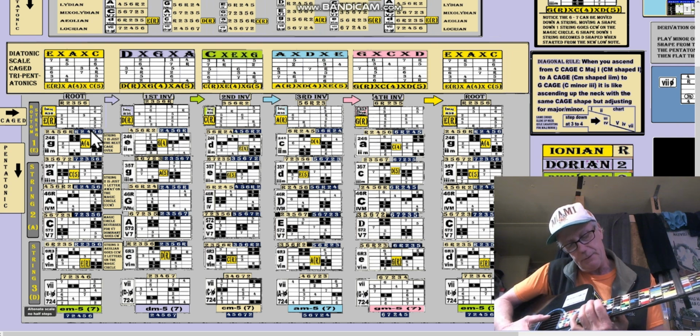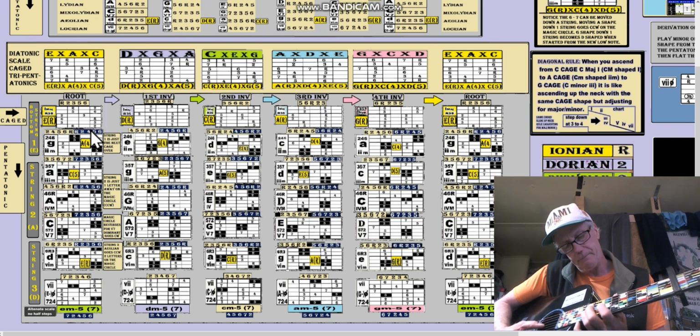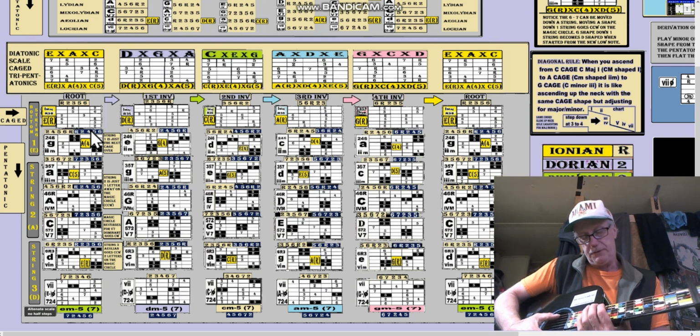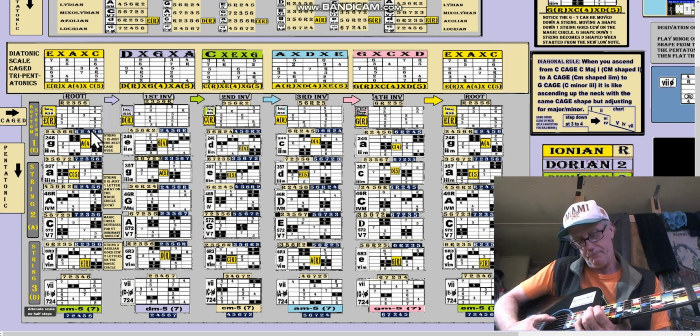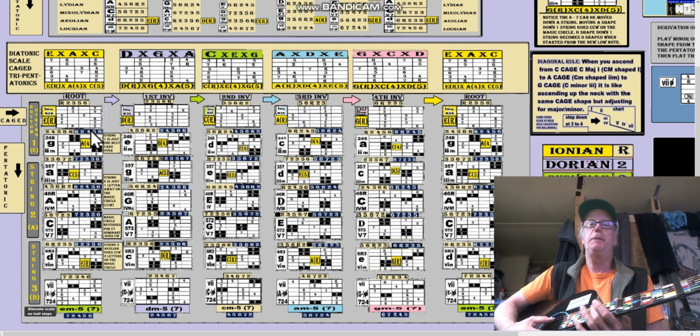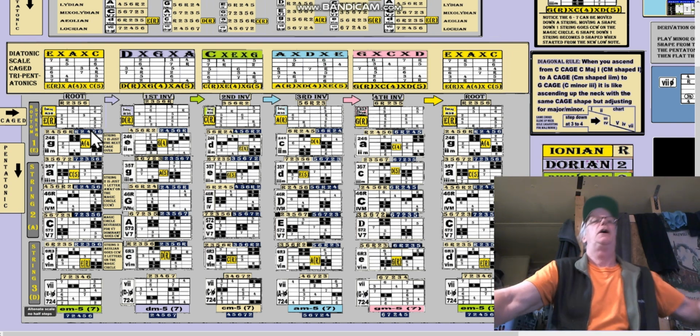Okay, wait a minute. That was a D-shaped B flat. Oh, that's interesting. Oh, okay. My bad. It starts on the D. The D-shaped C starts on the D. So that's a D-shaped C, but this is also a D-shaped C. They're embedded in that pentatonic scale.